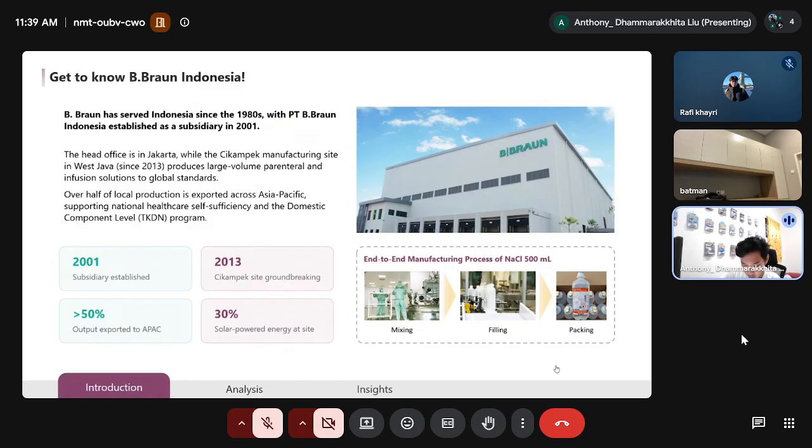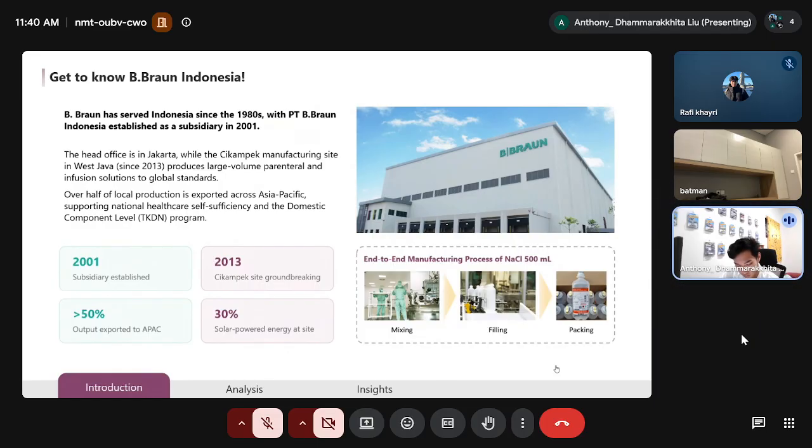The head office is in Jakarta, while the main factory is located in Cikampek, West Java, since 2013. The site produces large volume infusion solutions that follow global quality standards. An important point here: more than half of the local production is exported to the Asia Pacific region.